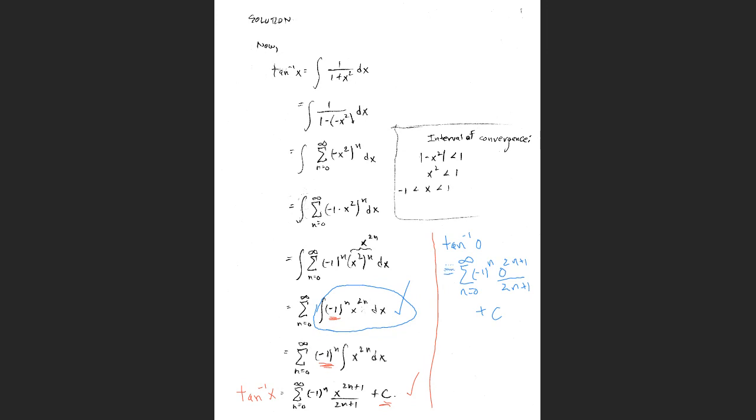When x equals 0, the arctangent of 0 would be this series where I put in 0 for x plus the constant.